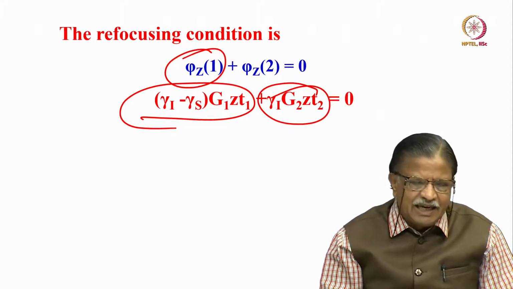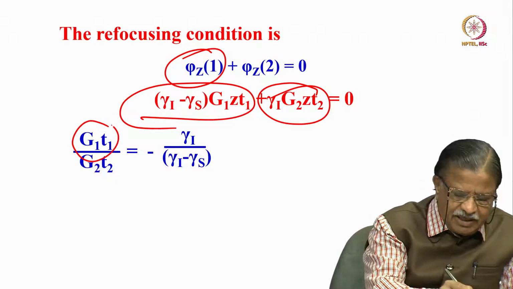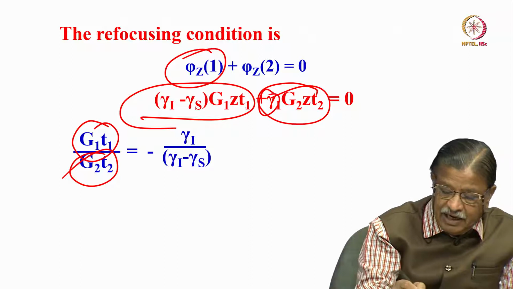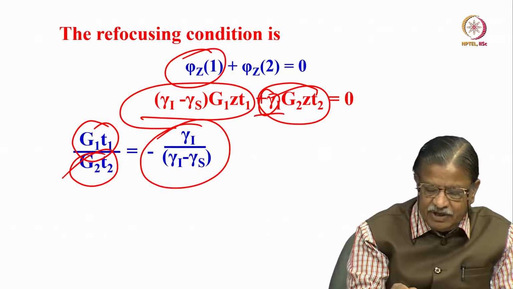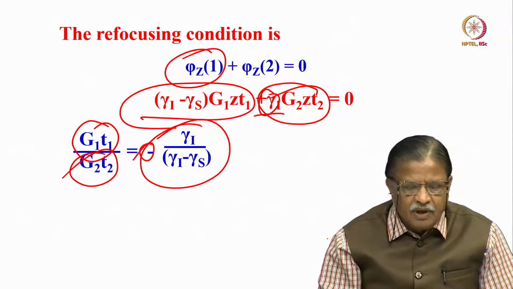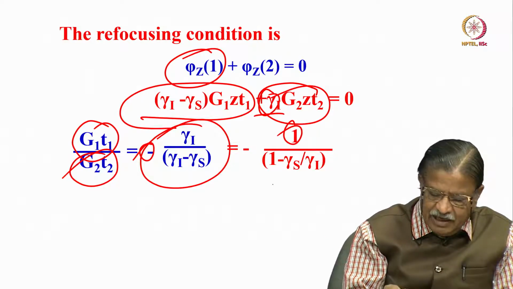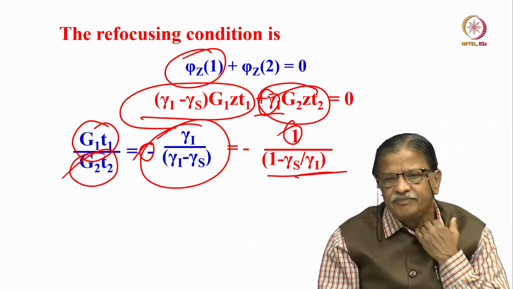Do the simple rearranging of the terms. Now G1 t1 by G2 t2 turns out to be gamma I divided by (gamma I minus gamma S), and the negative sign is carried forward. This can be further simplified like this. You divide by gamma I, then this becomes 1 over (1 minus gamma S over gamma I).